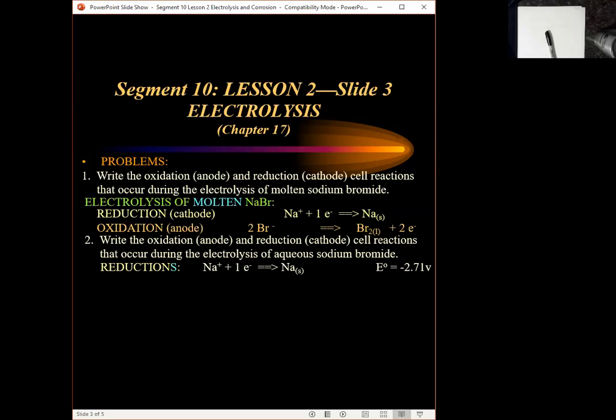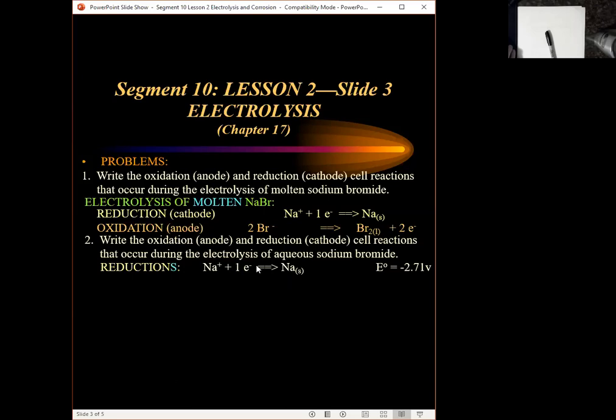So if I have an electrode, the standard electrode with hydrogen and hydrogen ion on that electrode, and sodium ion on the other electrode, and then I measure the voltage between those two, I'm going to measure negative 2.71 volts. So the negative means the spontaneous direction is actually the other direction relative to hydrogen.